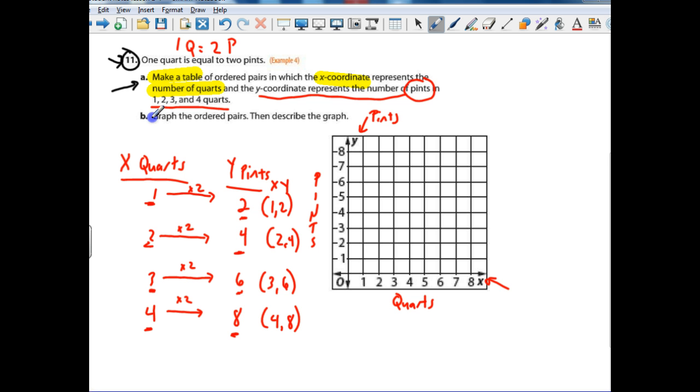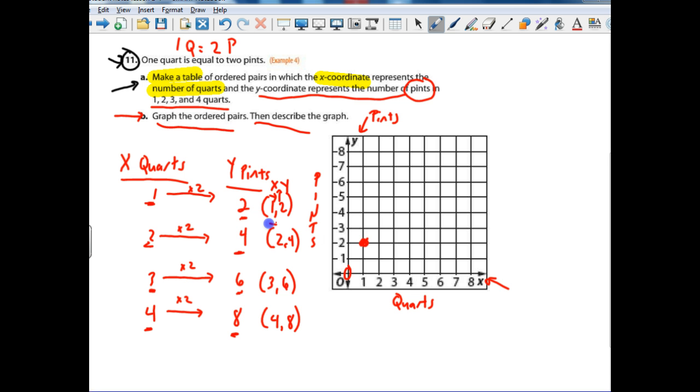So what we're going to do now to finish the problem is to graph those ordered pairs, and then it says describe it. So let's plot 1, 2. Remember where you start? Do you remember what that's called? Origin. All right, over 1, up 2. So from the origin, over 1, up 2, and we'll put a point.